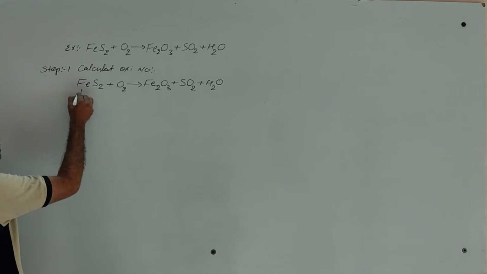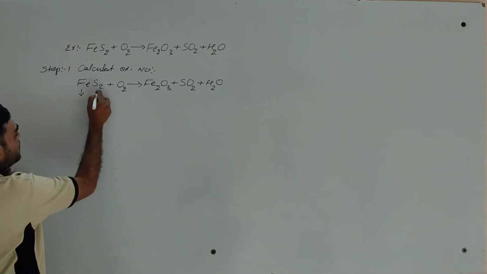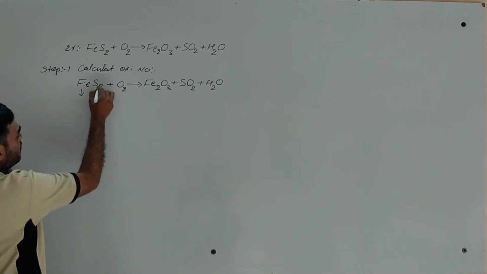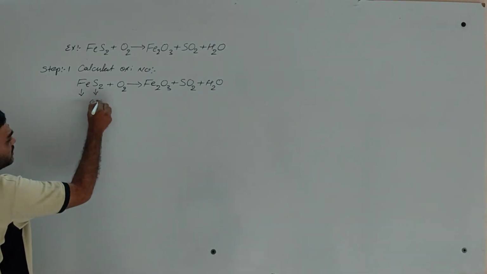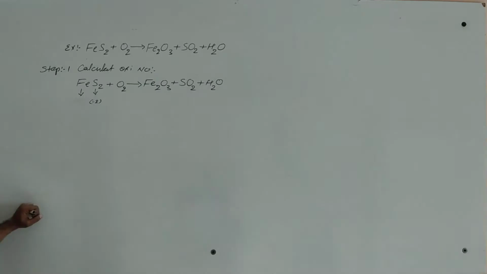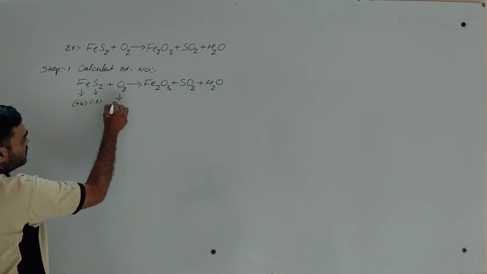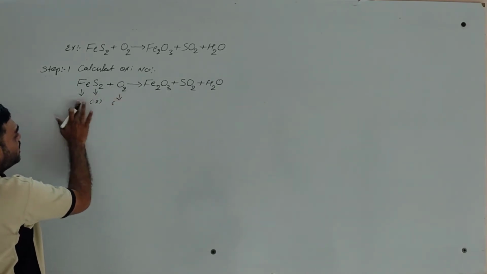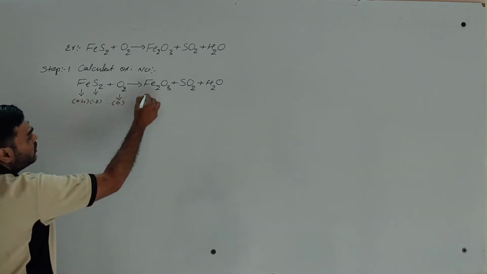Now the oxidation number of sulfur is -2, each sulfur having -2. So first I will write -2. Now 2 2s are 4, so Fe having +4. Dioxygen is a free element available in nature, that's why 0.